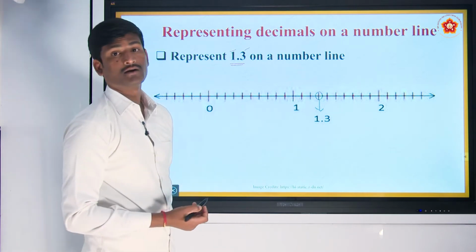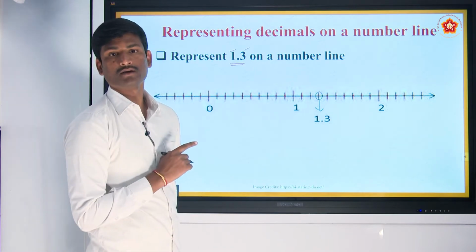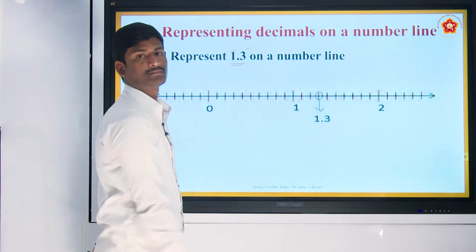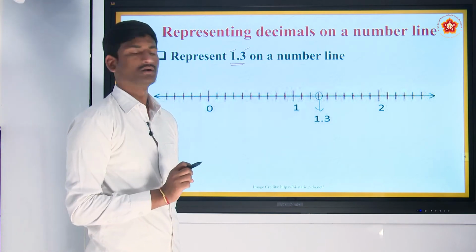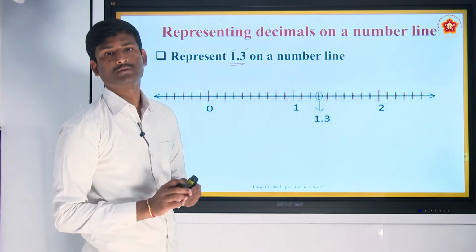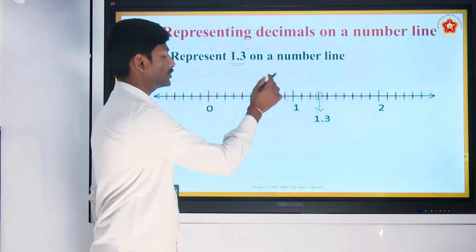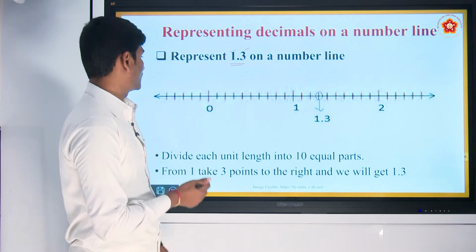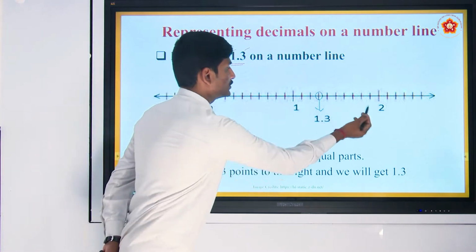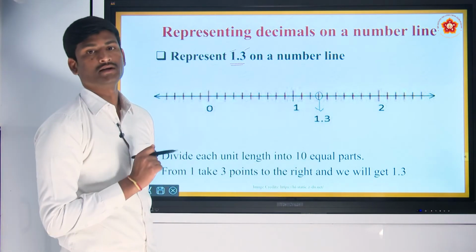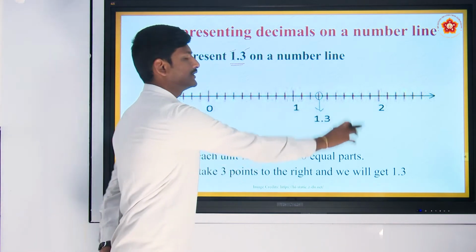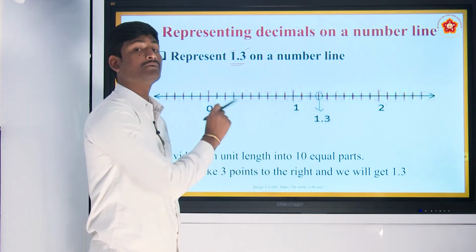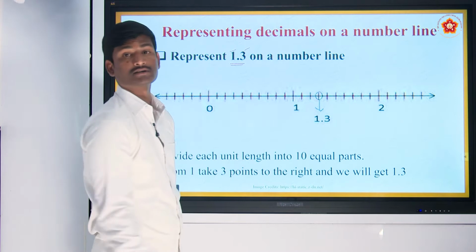1.3 is a positive decimal number, right? 1.3 is a positive decimal, not a negative decimal number. 1.3 is a positive decimal number. We move towards the right side from 0. Okay, here 0 to 1, 1 to 2 is 1 unit length. Each 1 unit length is further divided into 10 equal parts.